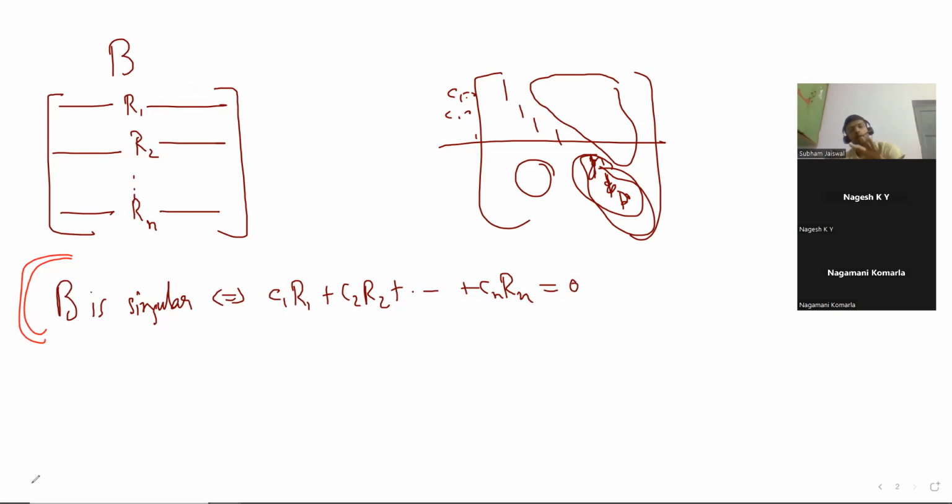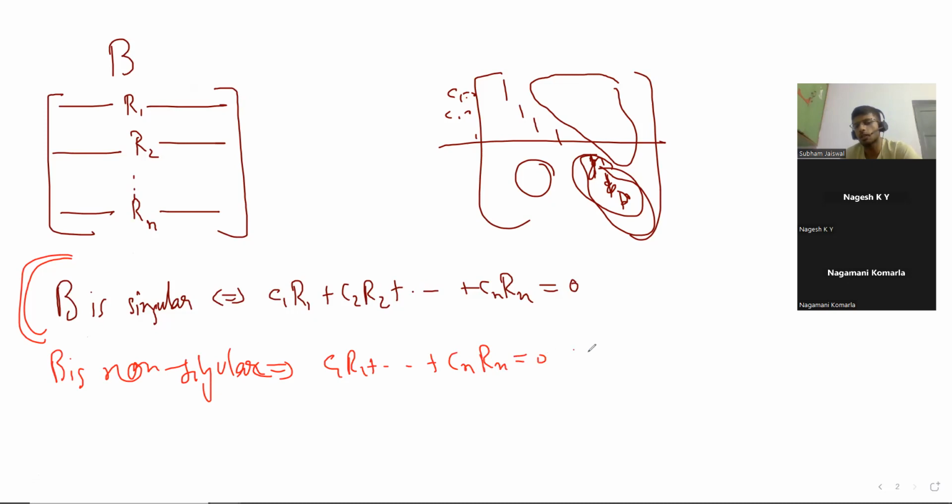Now the point is that B is non-singular. We'll come to the problem. B is non-singular means that there is no relation, which means that if there is a relation, that implies that Ci is equal to 0 for all i.